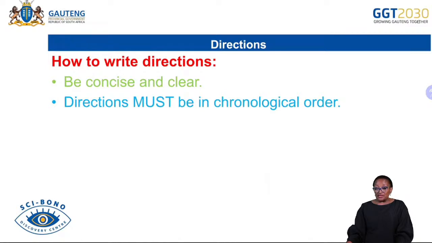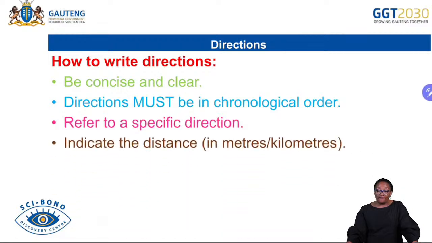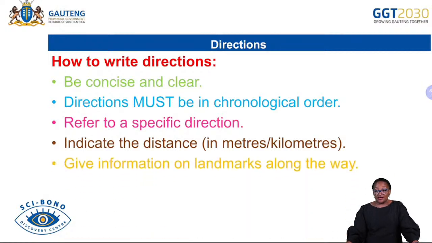Directions must be in chronological order. Refer to a specific direction. You need to indicate the distance in meters or in kilometers. You need to give information on landmarks along the way.